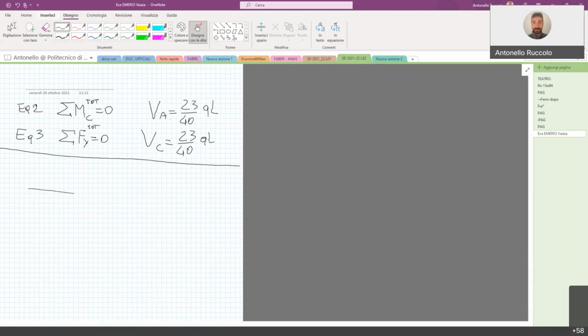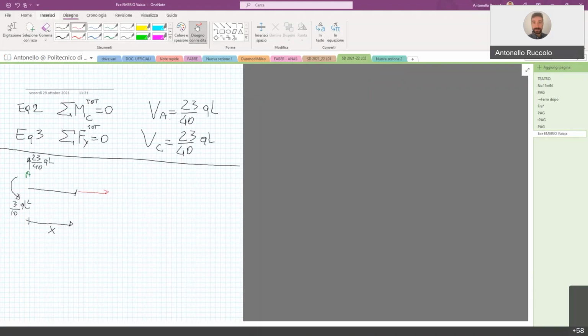We cut this structure at a generic X. Originally we start in the node A. So we have the moment 3/10 QL to the power of 2. And then we have the vertical reaction, which is 23/40 QL.